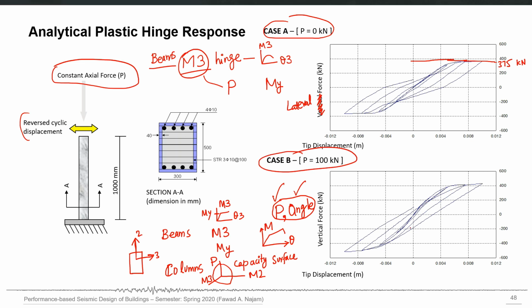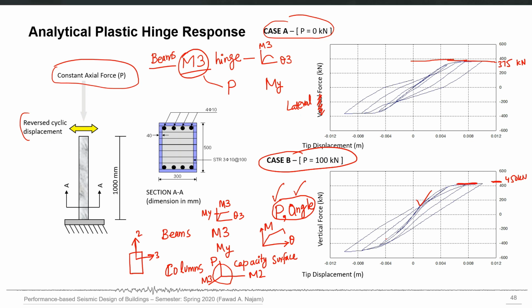The action deformation curve or cyclic behavior of that particular column is modified now. You can see even the shape has changed, and now the yield capacity in the lateral direction is increased, maybe 450 kilonewton.